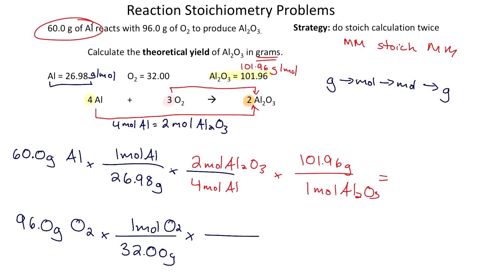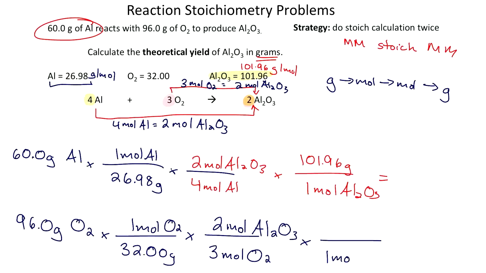This equality is 3 moles of oxygen gives us 2 moles of my product, aluminum oxide. The 3 is going to go on the bottom because I'm in moles of O2 right now, and then 2 moles of my product go up top. Same molar mass, so 1 mole of Al2O3 weighs 101.96 grams.